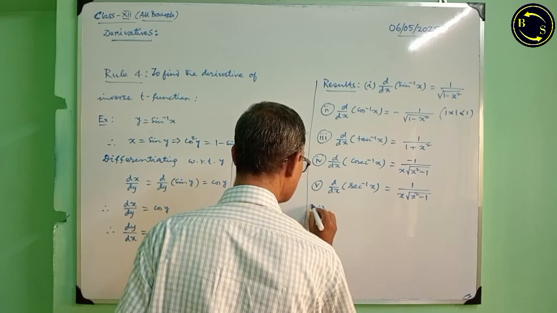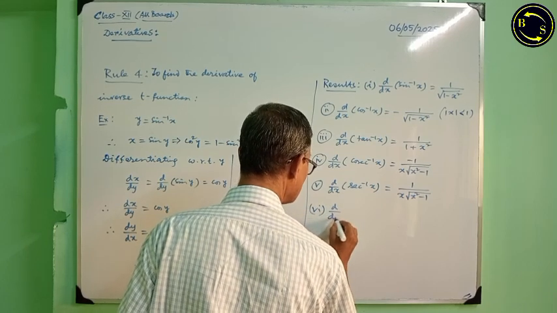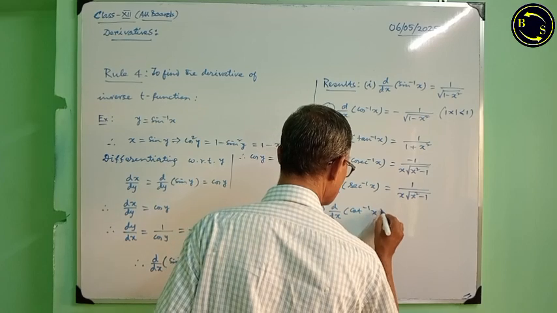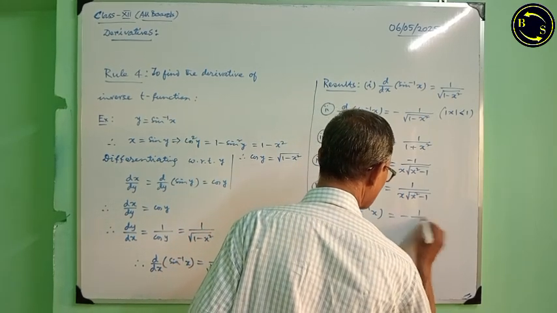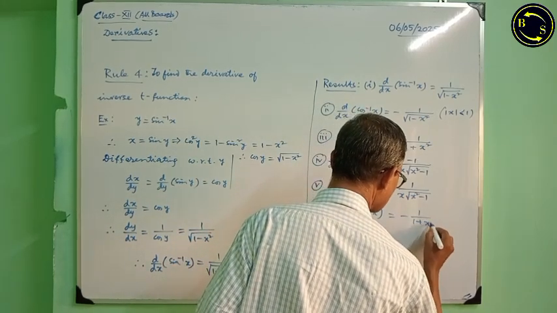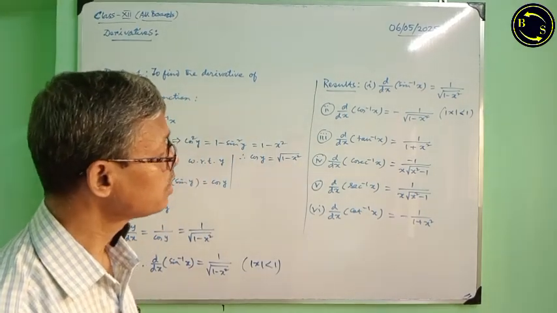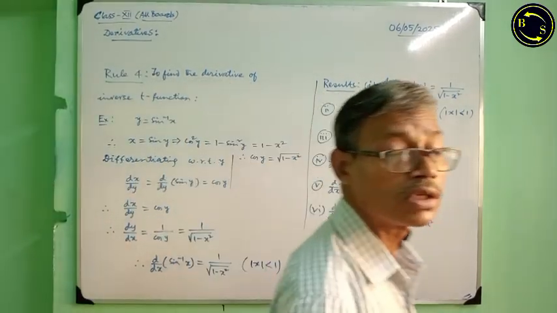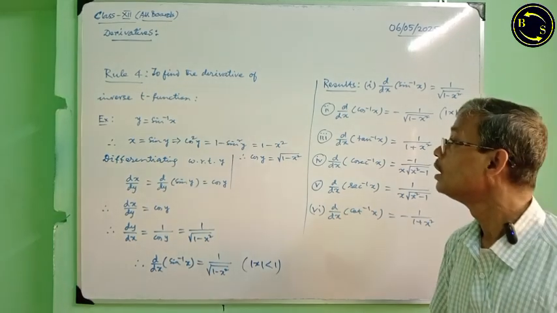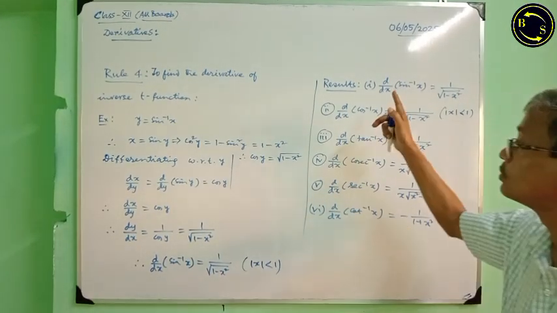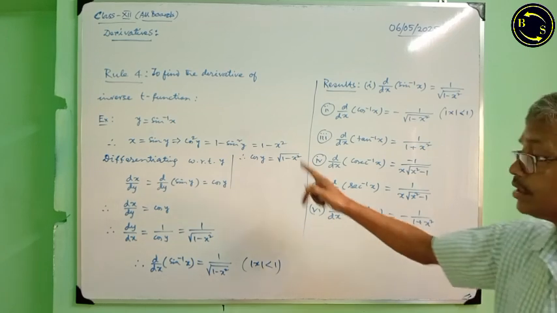Number 6, d/dx of cot inverse x, that is equal to minus 1 by 1 plus x square. I repeat, students, learners, those who are just learning how to find derivatives, you must deduce yourself using this concept.